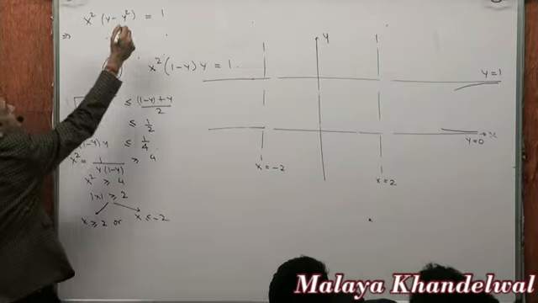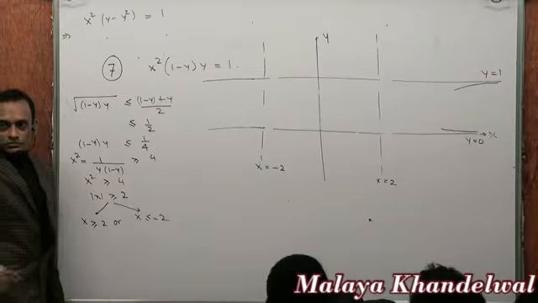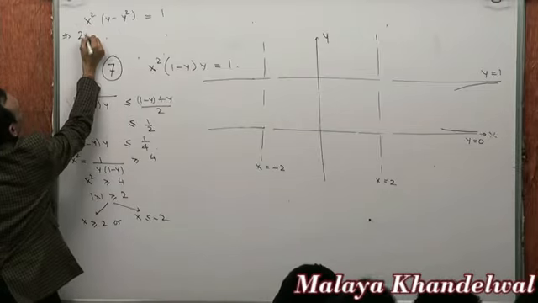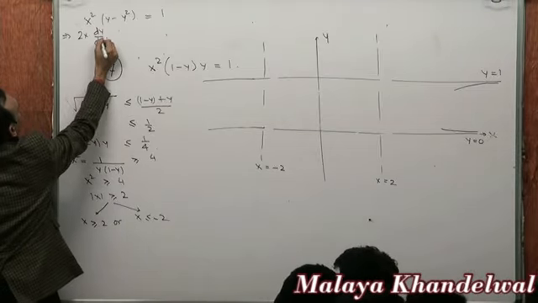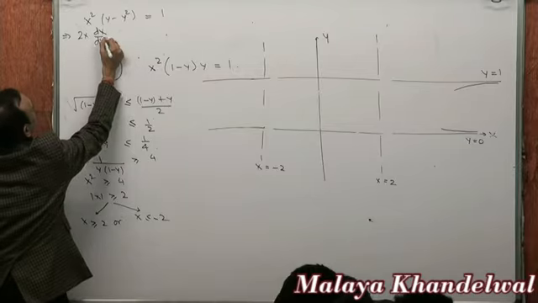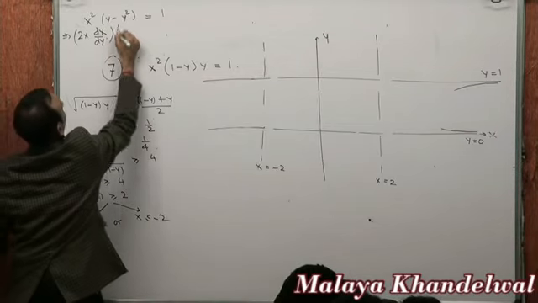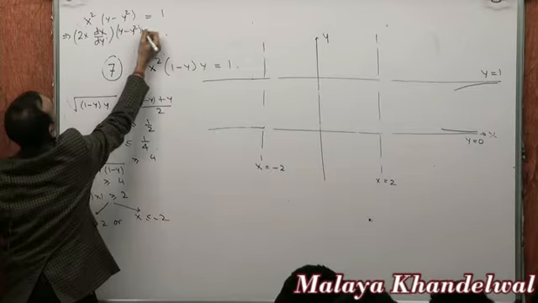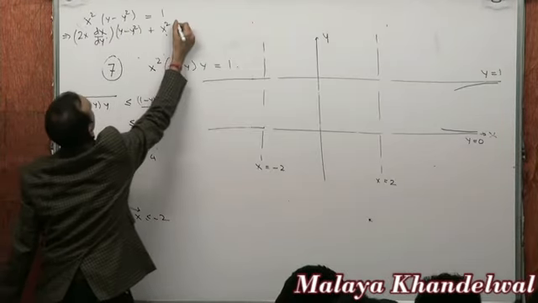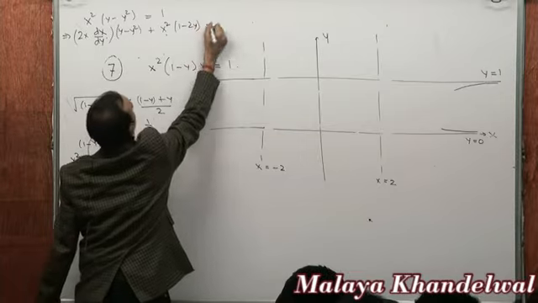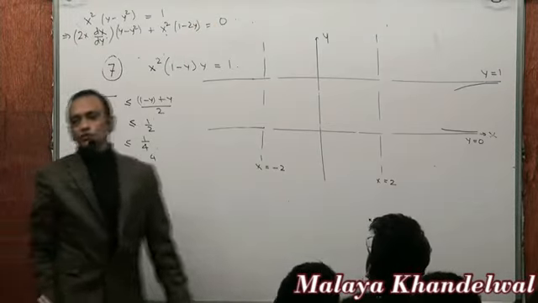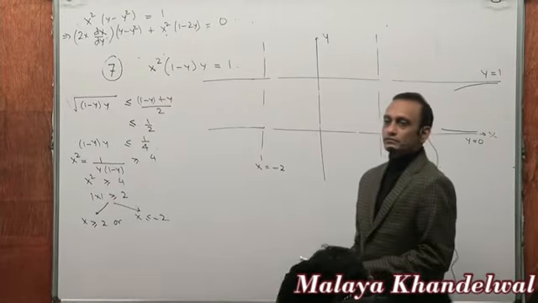And then let me differentiate with respect to y throughout. So 2x dx by dy into y minus y squared plus x squared into 1 minus 2y is 0 when I differentiate with respect to y, right?